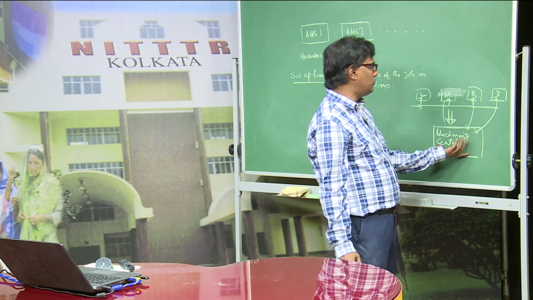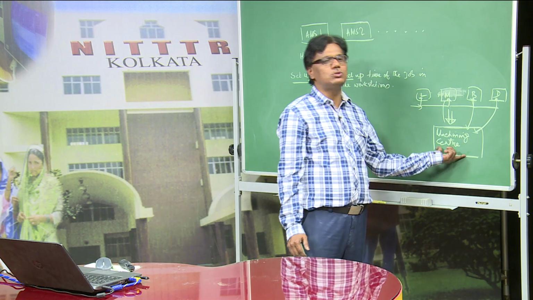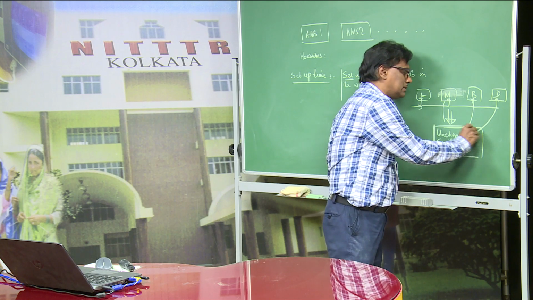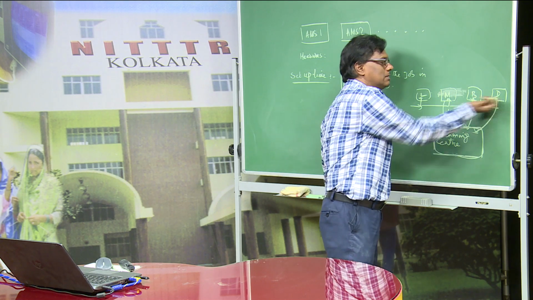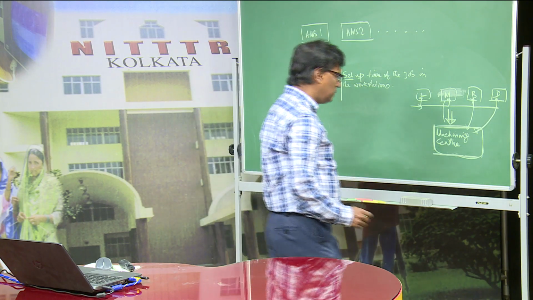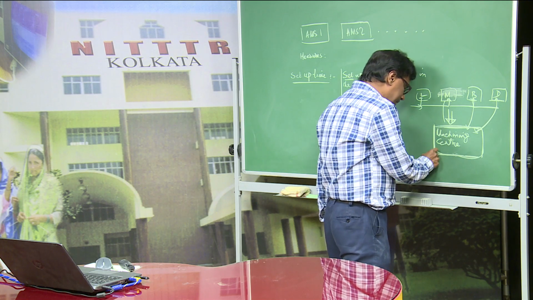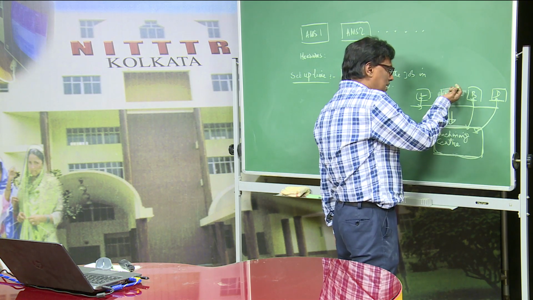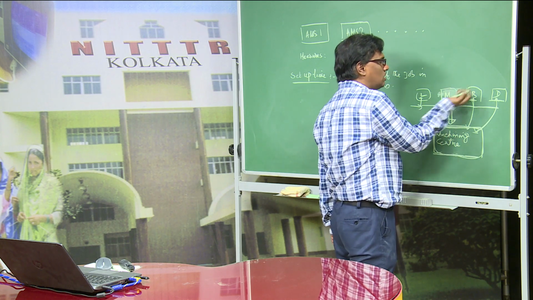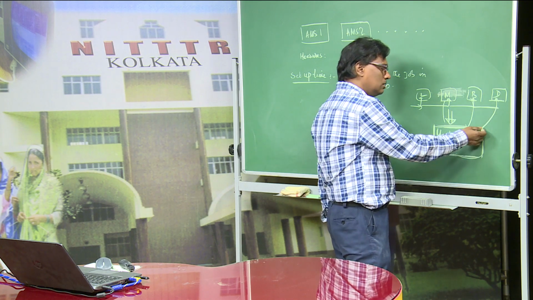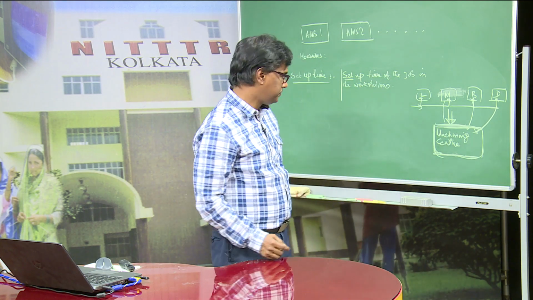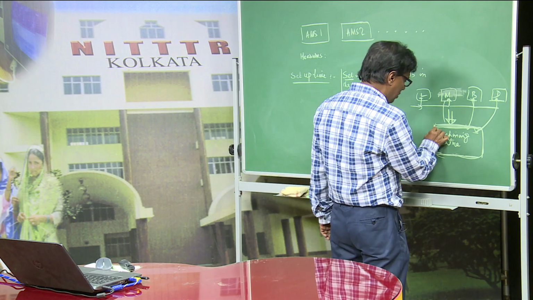The ultimate aim of this machining center is to reduce cost. Of course, the cost of this type of machine is much more than these individual machines, but as I can use this machine as a substitution for these machines, this cost can be compensated.